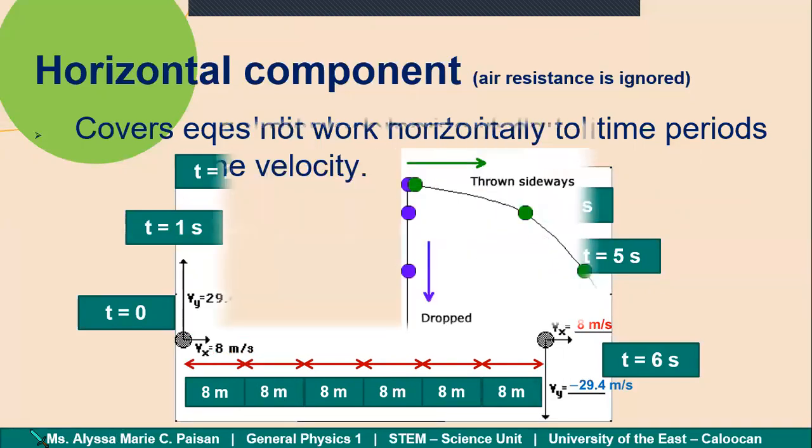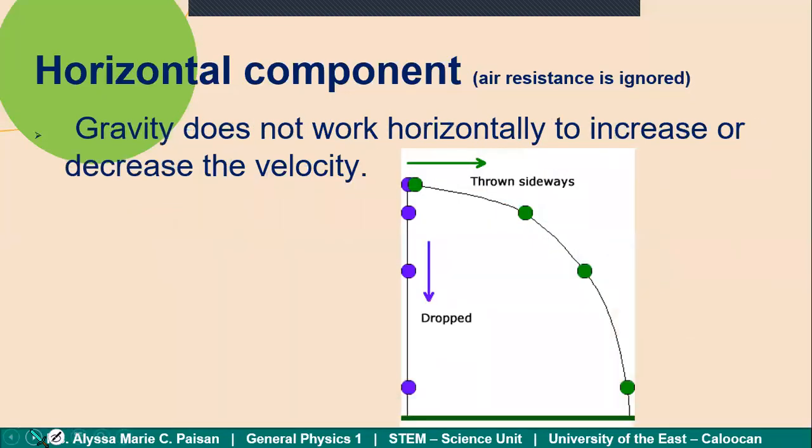Okay? Next, let's have the gravity does not work horizontally. That is the reason why the displacement is equal at equal time periods, and the reason why the velocities along the horizontal axis are equal all throughout the motion, because, again, for projectile, the only force that acts on the projectile is the gravity.